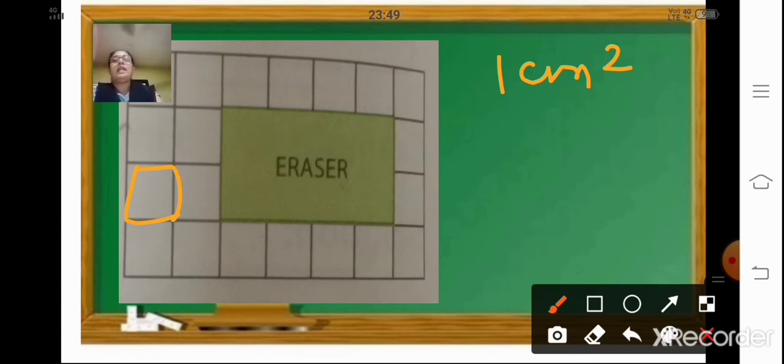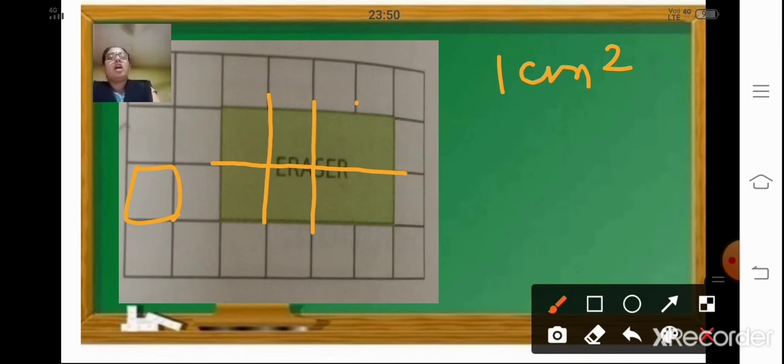Now to find an area of any plane object, what we are going to do is we'll place it on a square sheet of paper and count the number of squares covered by it. Now just see this eraser. If I draw a line here, I'll just see how many squares the eraser has occupied.